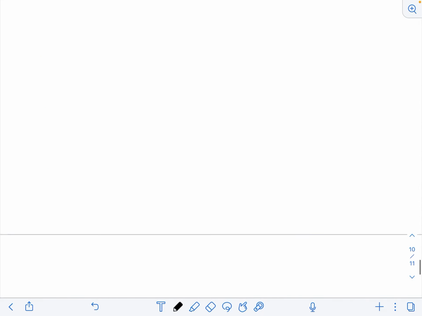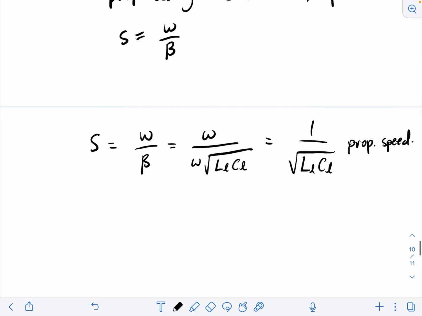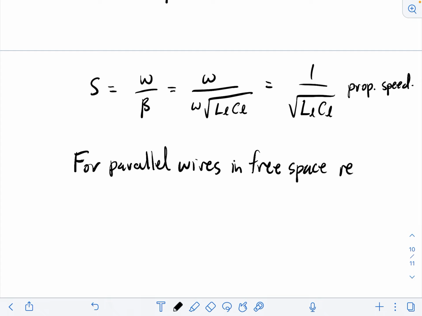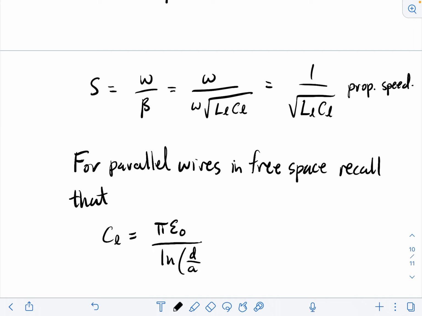Okay, so for parallel wires in free space, recall that the capacitance per unit length was equal to, let me look it up here, pi times epsilon naught divided by ln of d over a, and the inductance per unit length was equal to mu naught divided by pi times the ln of d over a.